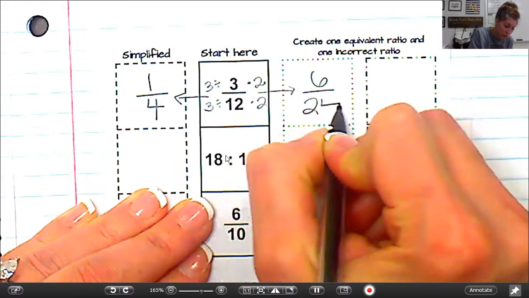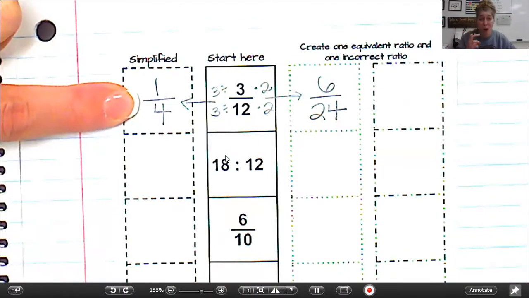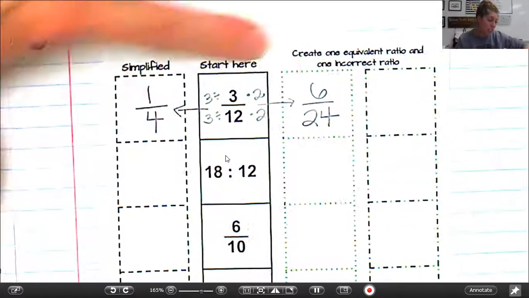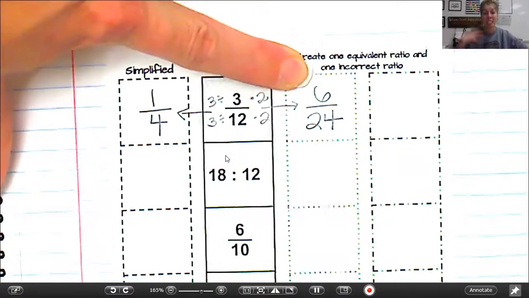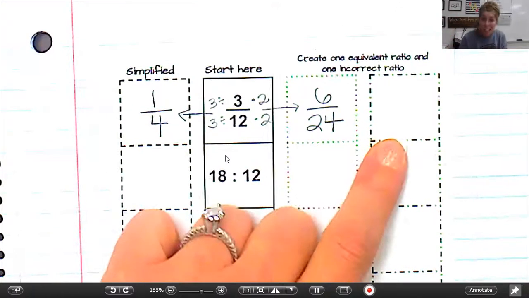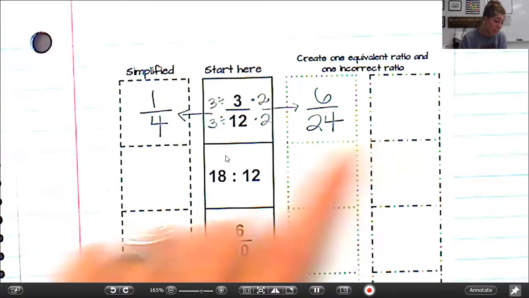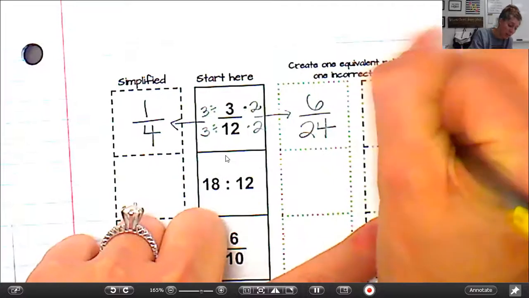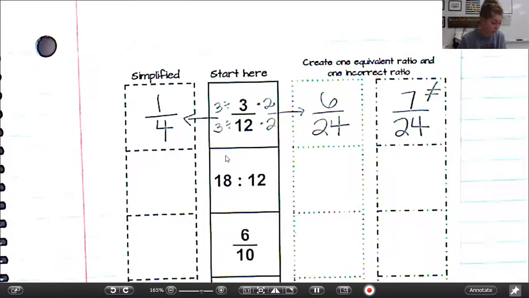On this side, the simplified side, what we're really doing is making it smaller, right? For our second equivalent ratio over here, I'd like to make it bigger. I'm going to scale it up, okay? And then for one that's not a correct equivalent ratio, I'm just going to add 1 to 6 and make it 7/24. I know that that one is not equal, okay?